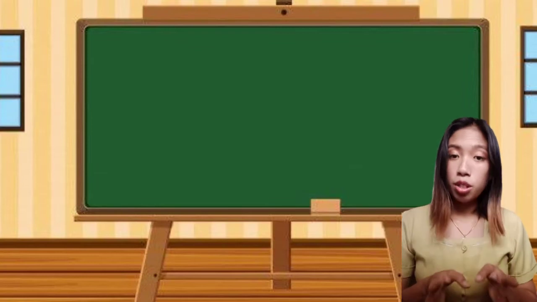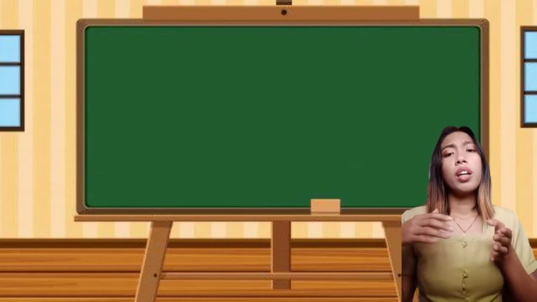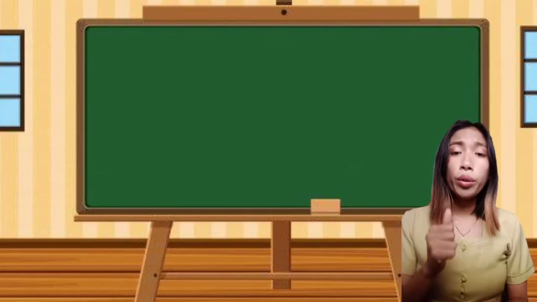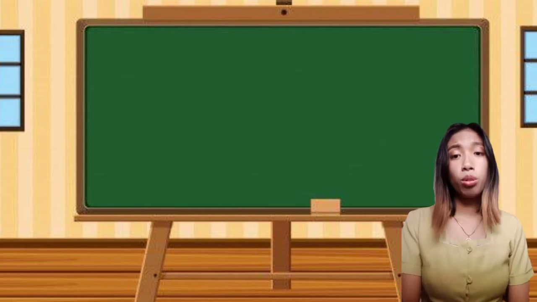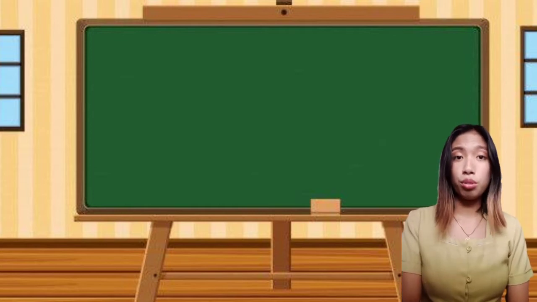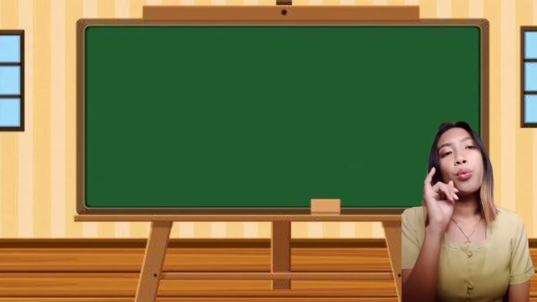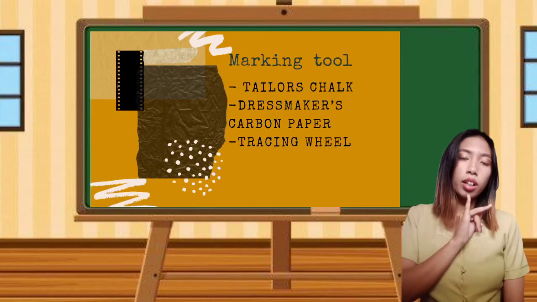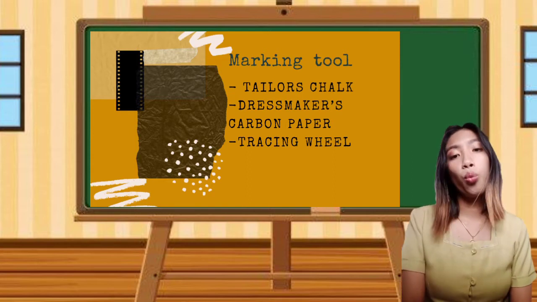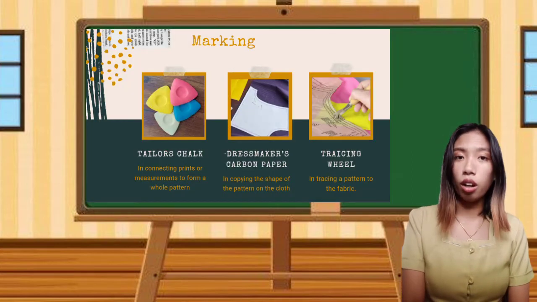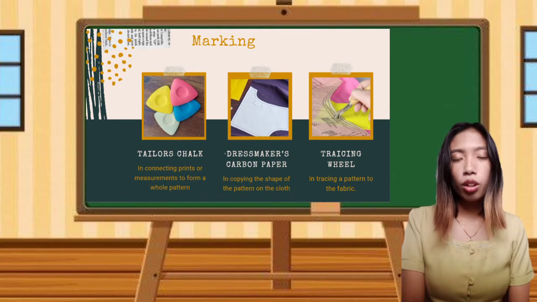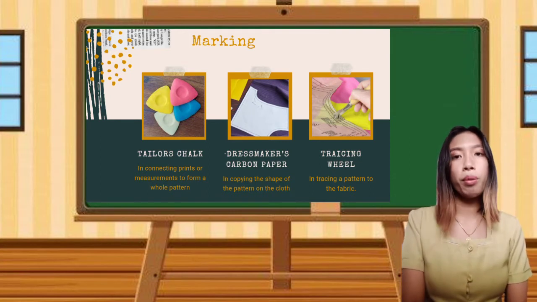Aside from drafting tools, the other tools that we will use are marking tools. What are the different marking tools? We have tailor chalk, dressmaker carbon paper, and tracing wheel. When do we use a tailor chalk? In connecting prints or measurements to form a whole pattern.